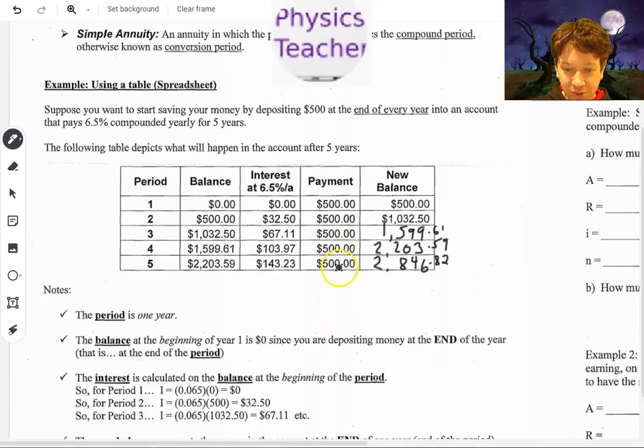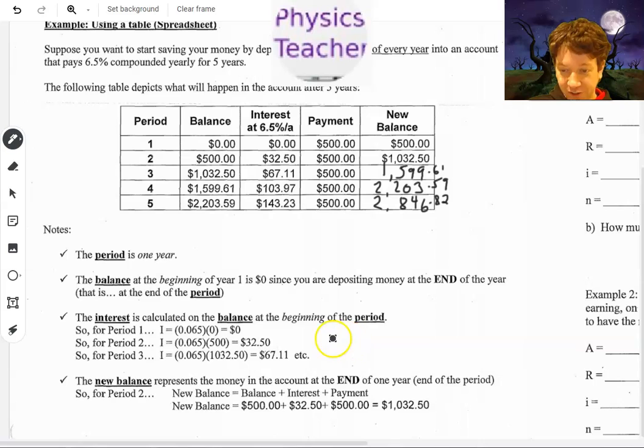Okay, so in this case, the period is 1 year. And after every year, we will insert another $500. And so our new balance is always our original balance from the end of the previous year, plus the interest on that, plus our additional payment.